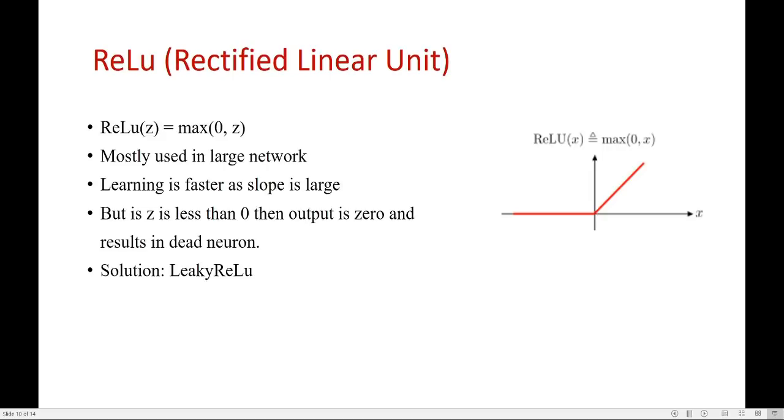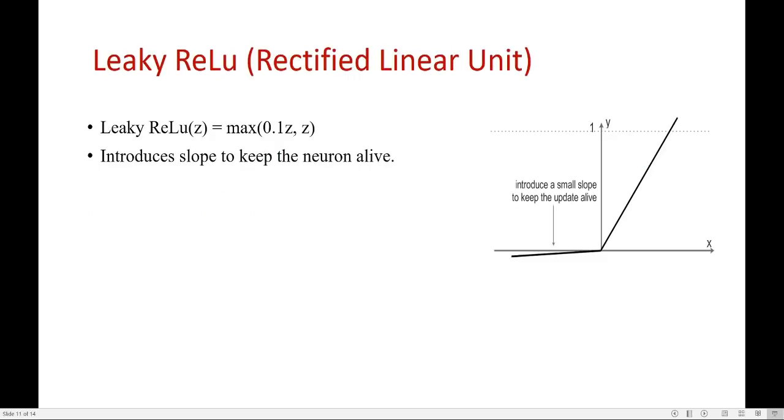Remember, we are taking W transpose X plus B. So if we have W transpose as 0, then we are just removing that feature and only considering the bias term. We say such neurons are dead neurons and are not useful for learning. So researchers have introduced a new non-linear function called Leaky ReLu.